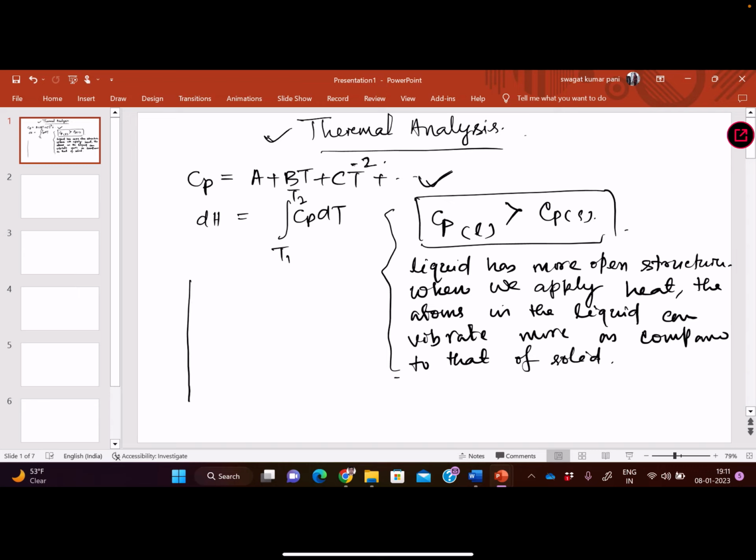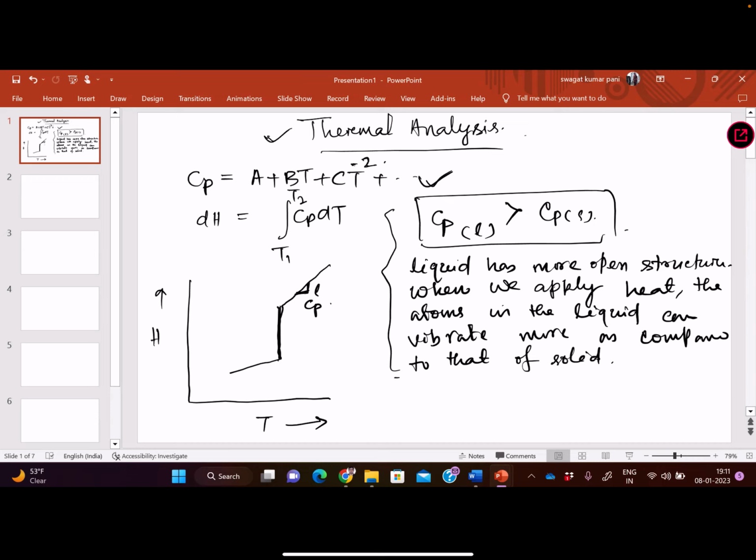And we can show this graphically. Suppose this is our enthalpy and this is our temperature. What will the curve look like if melting occurs? First it will go like this. This is the liquid portion. Then there will be a straight drop in enthalpy, and then the solid. Remember the slope is dH by dT, that is Cp.